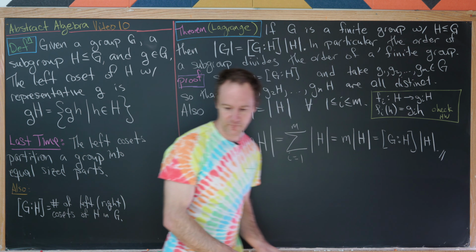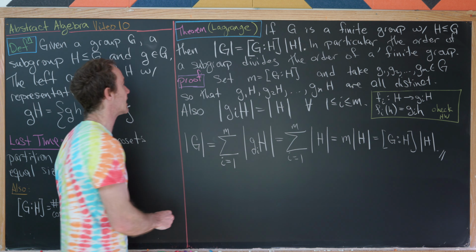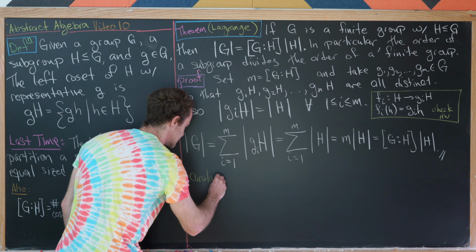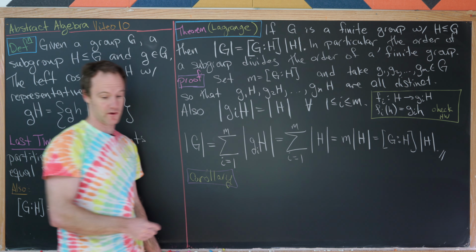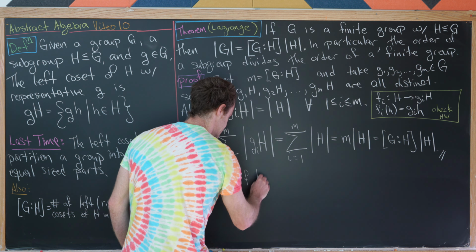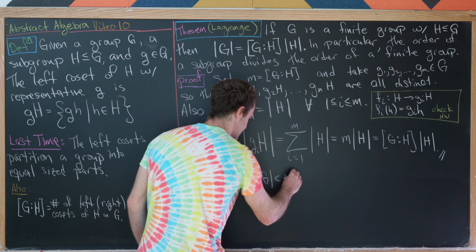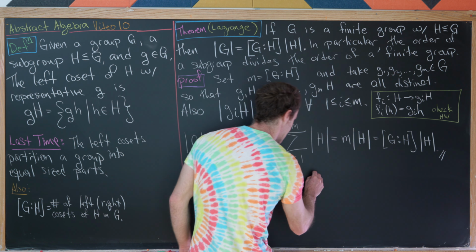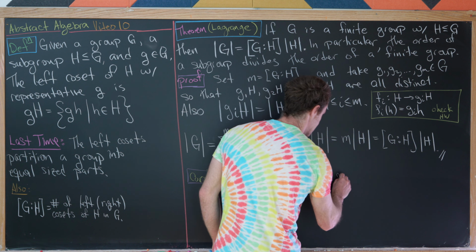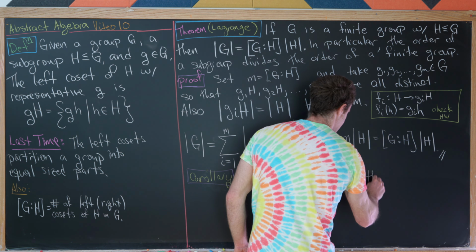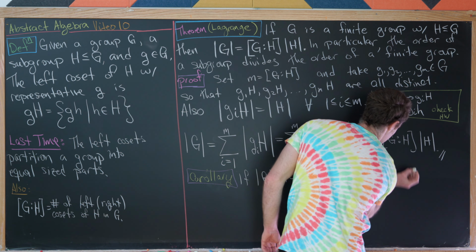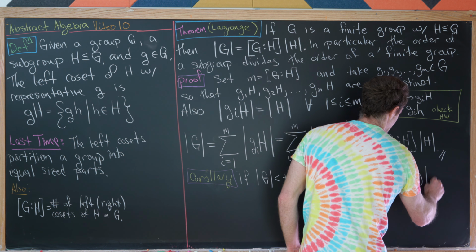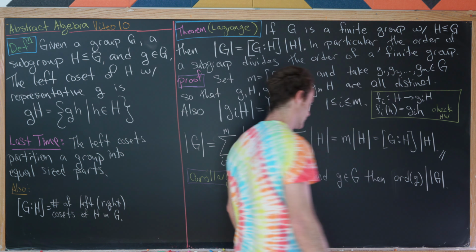So now, before we move on, I'm going to do a very quick corollary down here, and then we'll look at some examples. Corollary will say the following. If G is a finite group, I'll just write that as the order of G is less than infinity, and little g is in G, then the order of little g as an element, we'll write that as ord(g), divides the order of the group.